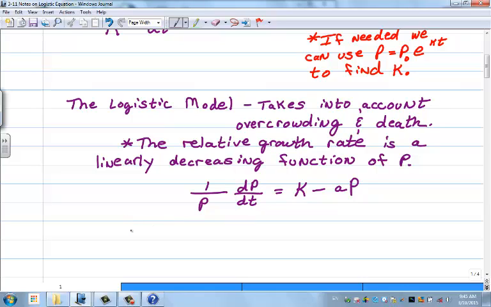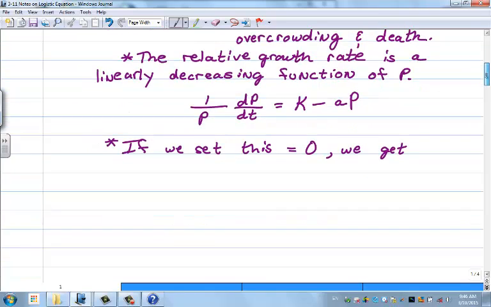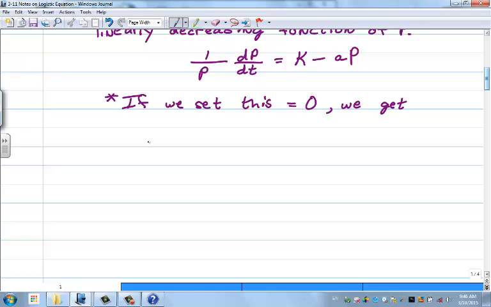All right, so now if we set this equal to 0, we get the following equation. 1 over P dP/dt equals K minus AP.